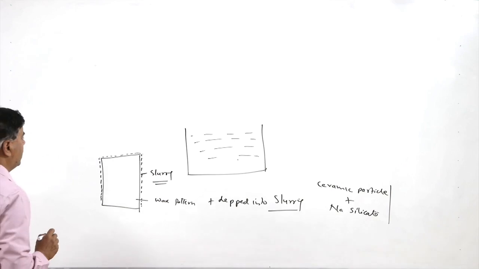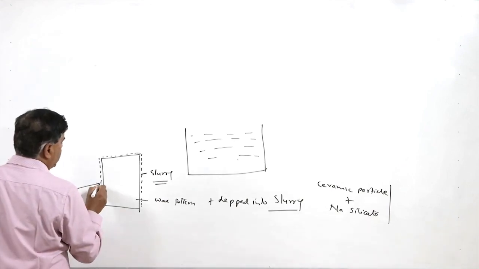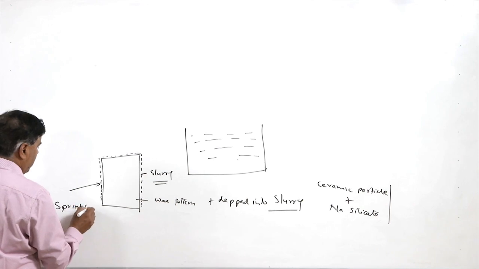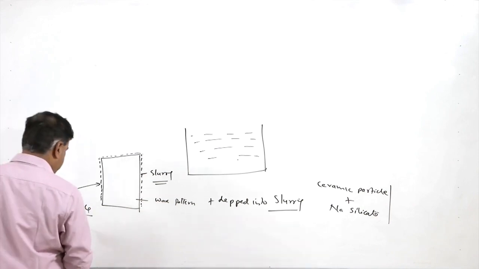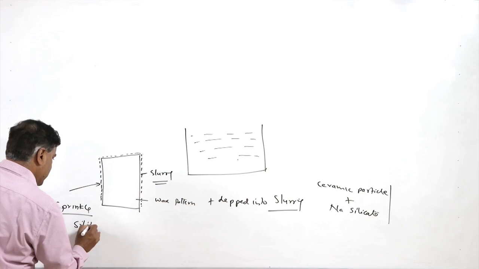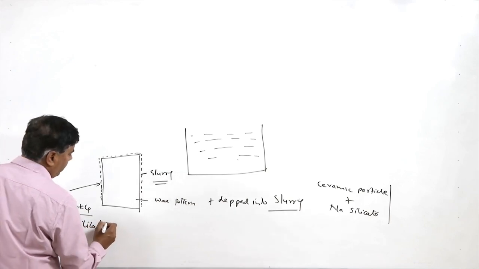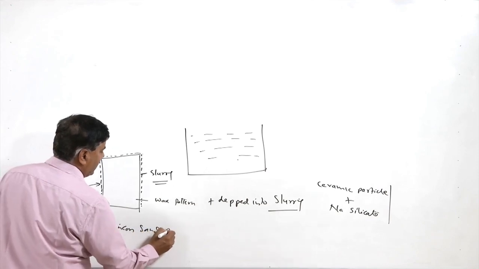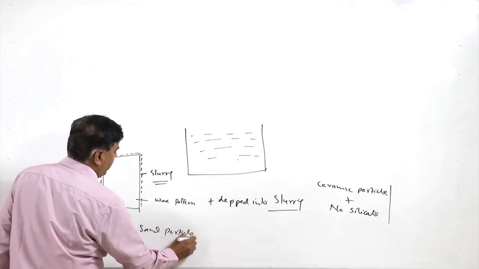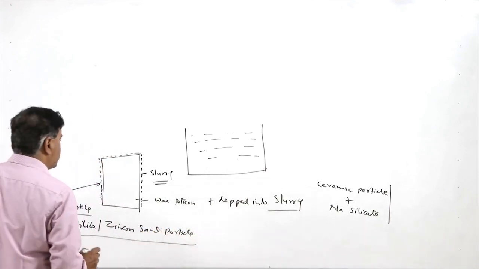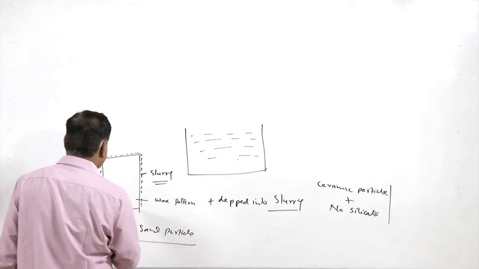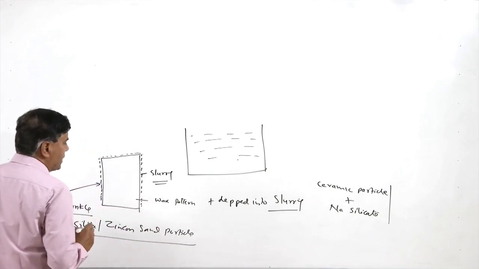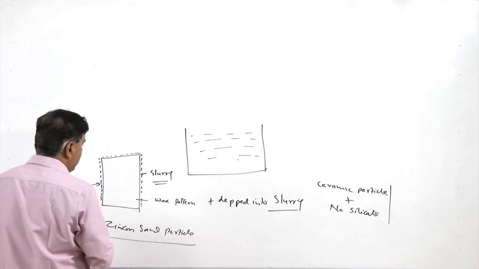Over this slurry, we now sprinkle either silica or zircon sand particles, so that they stick to the slurry.